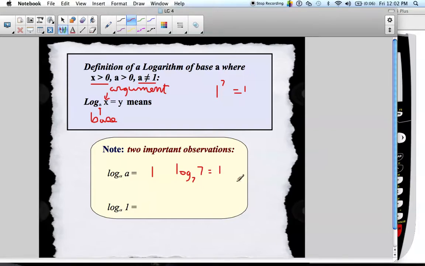The answer is 1. Now here, when you have the argument is 1 and the base is whatever, the answer is 0. Because we had that example. We had log, let's use base 3.